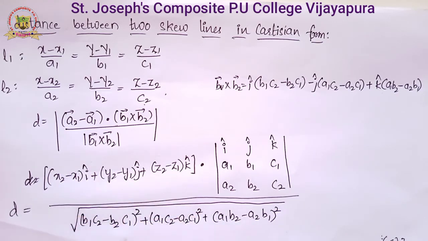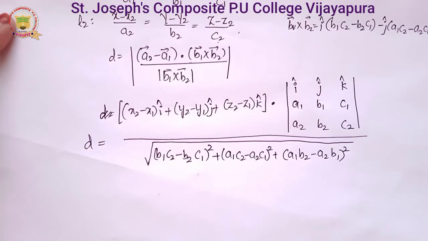in Cartesian form. Again we have to do the dot product of these two. We get, by using the properties of determinant, i dot i, j dot j, k dot k equal to 1.